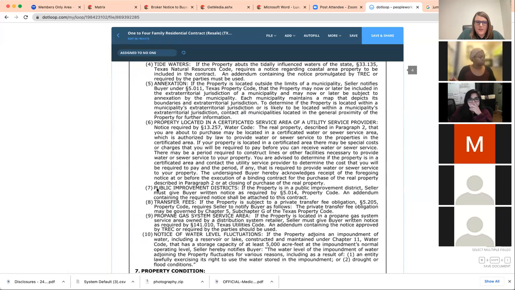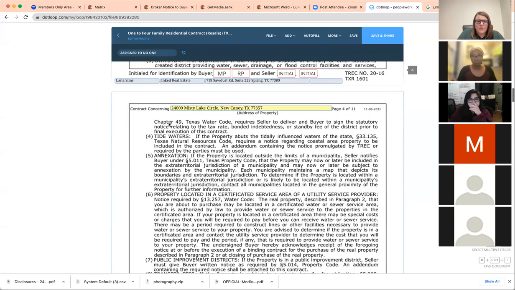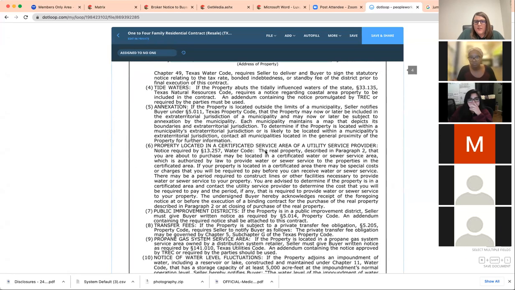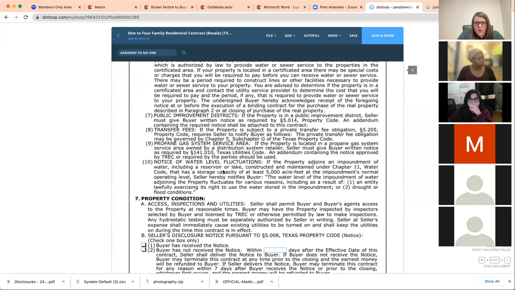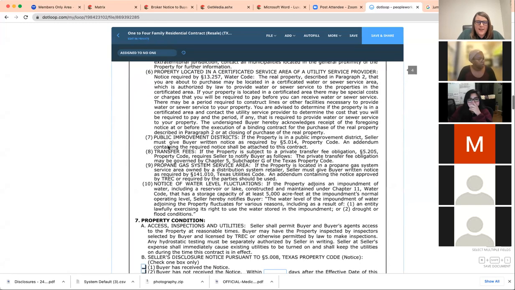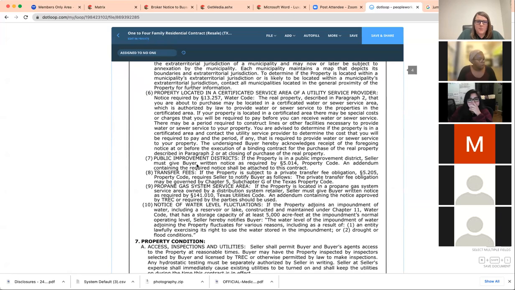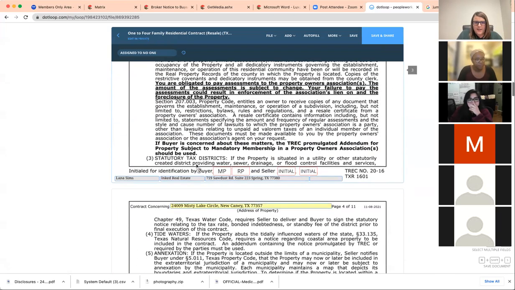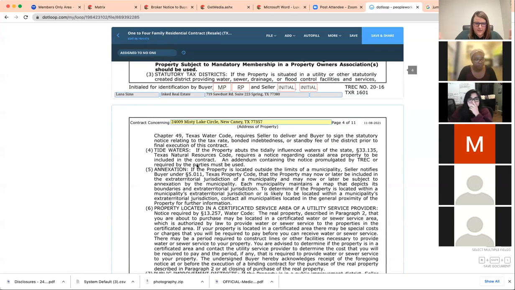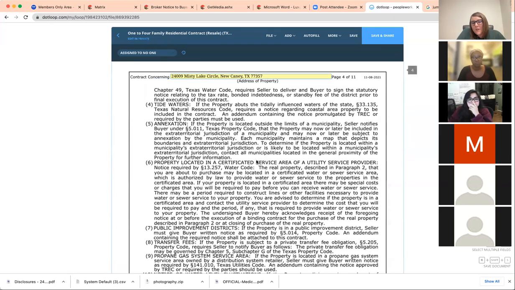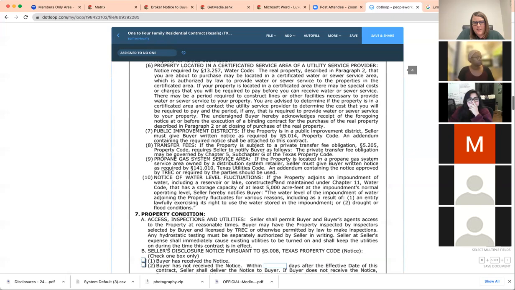All of these disclosures are right here: utility service, water, propane, gas, transfer fees, public. You don't have to put any extra disclosures in section 22 because it's all listed right there. If it's there, I'm not going to deny your contract, but it's not necessary to put it there.